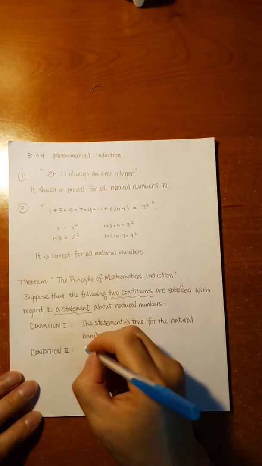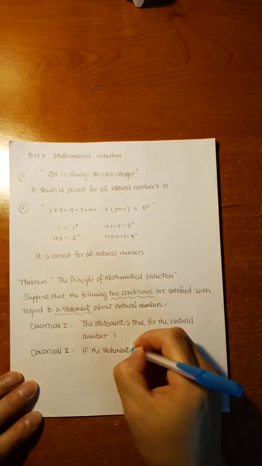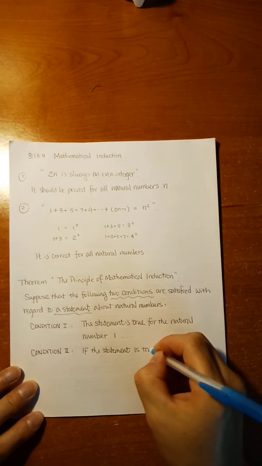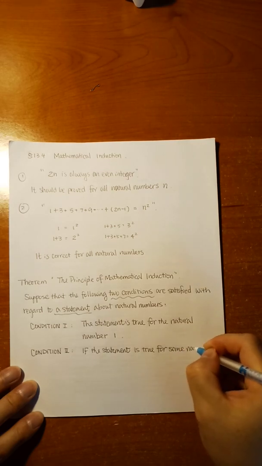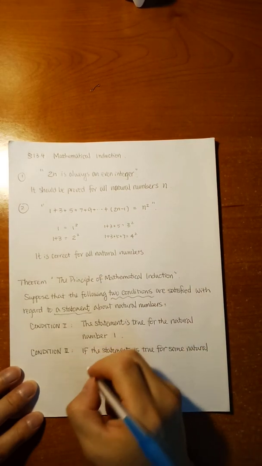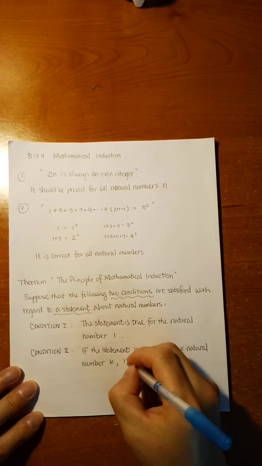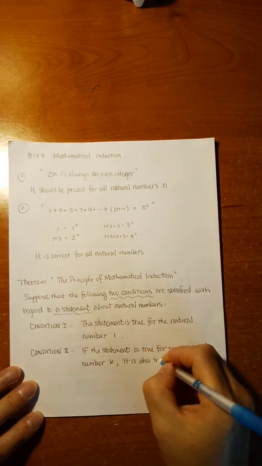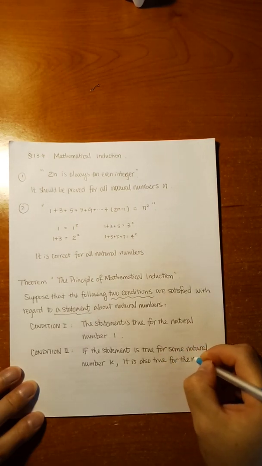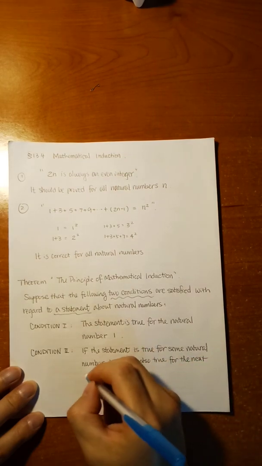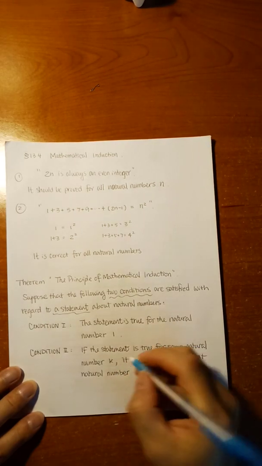Condition 2 says if the statement is true for some natural number k, then it is also true for the next natural number k plus 1.